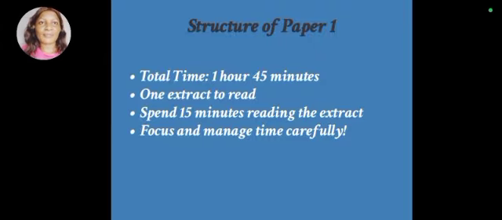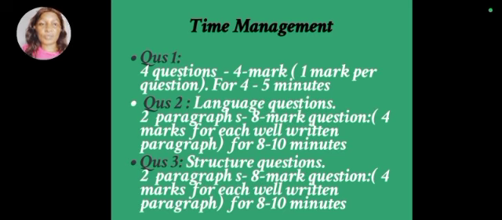Now for time management, for question 1, you have 4 questions, and 4 marks, that is 1 mark for each question. You're expected to spend 4 to 5 minutes maximum. Then for question number 2, which is the language question, you are to write 2 well-written paragraphs.